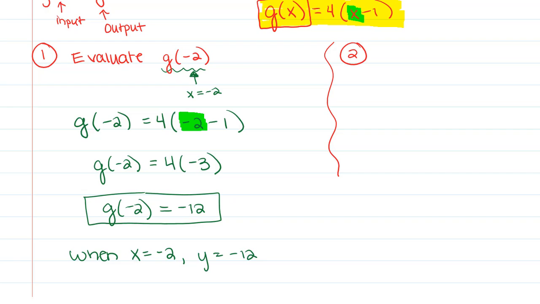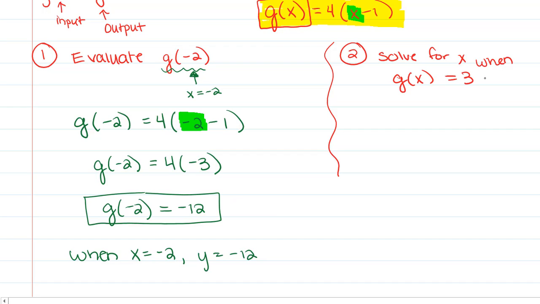Another thing you might see is that you need to solve for x. That would look like this: solve for x when g of x equals 32. We don't know what x is yet, but we do know that the output, what we used to call y, is 32.